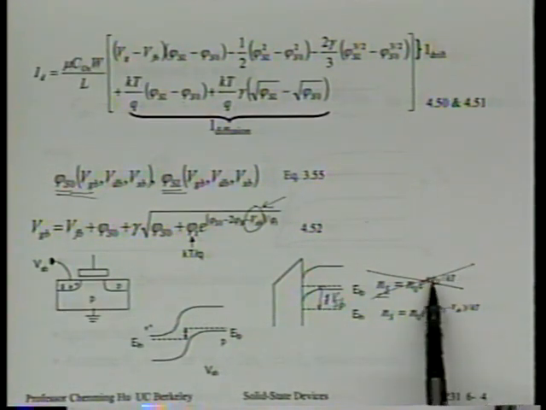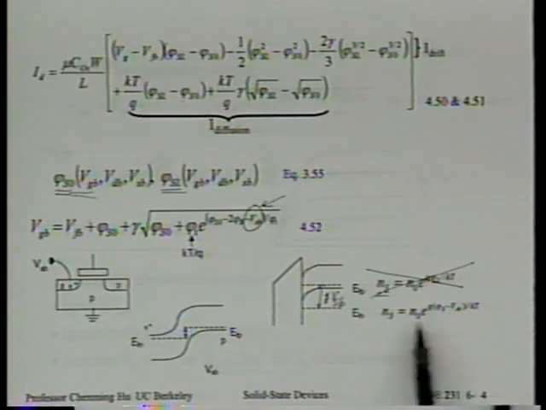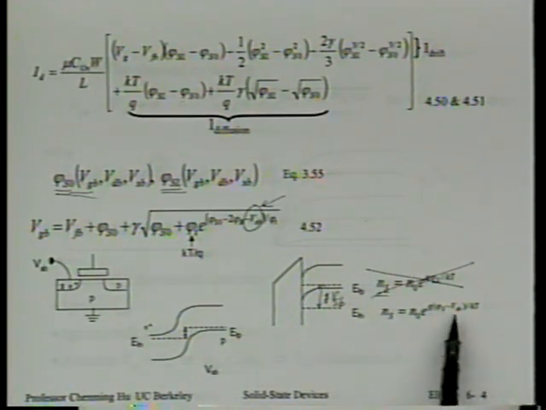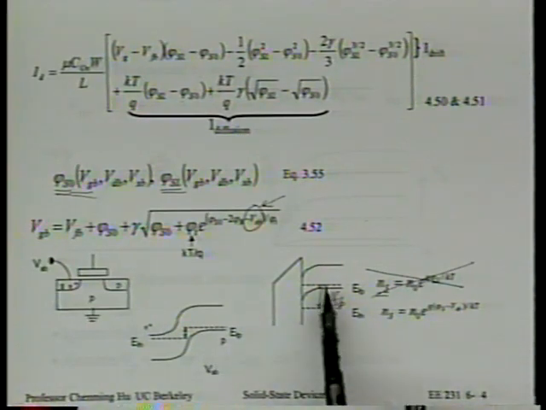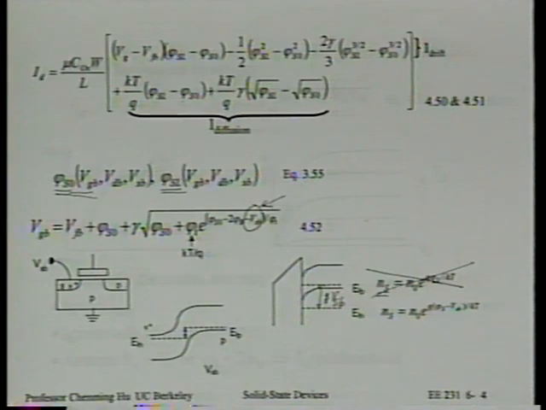You know, the same phi s will give us very small ns when a VSB is present. Ns will be very small. So the band bending will have to be bigger than 2 phi b before we reach inversion. Right? That last statement may be something you have heard before, that the band bending has to be larger than 2 phi b before we reach inversion. That's exactly what we're talking about here.